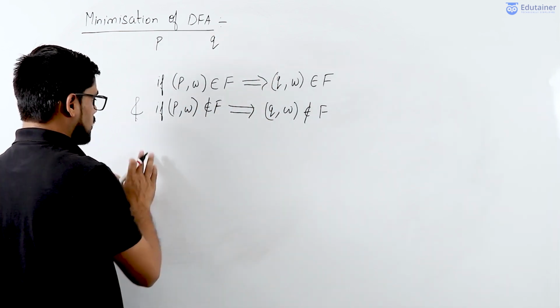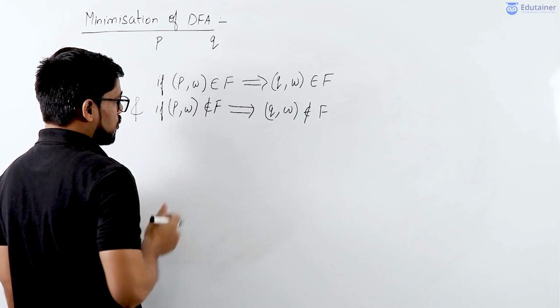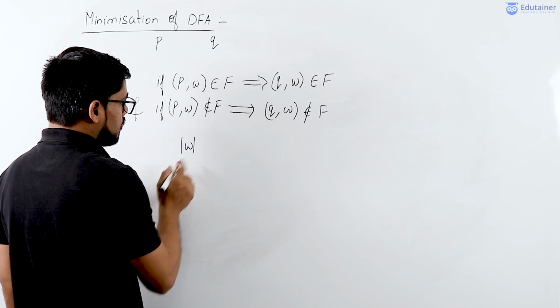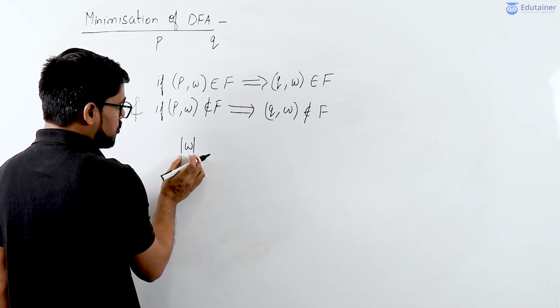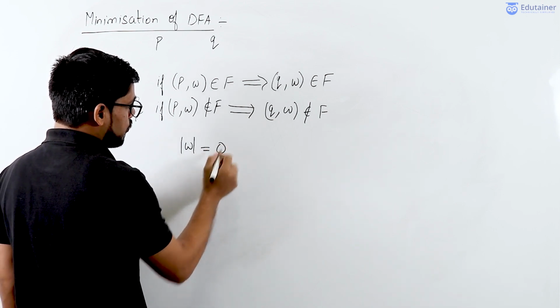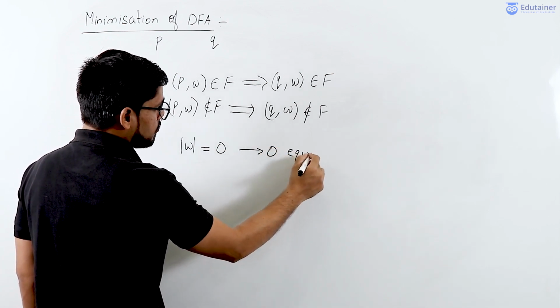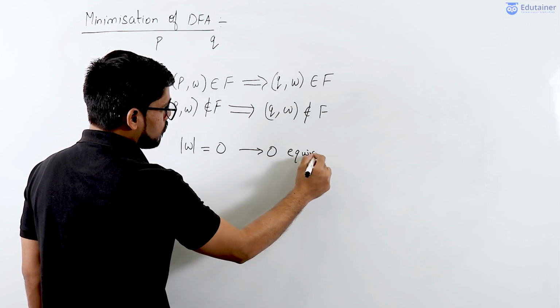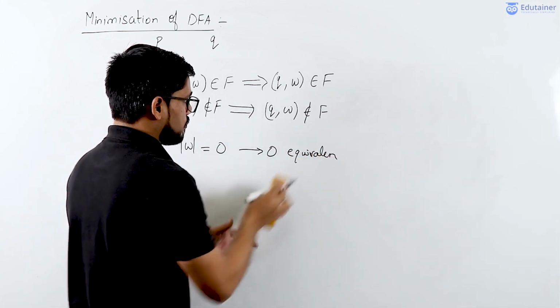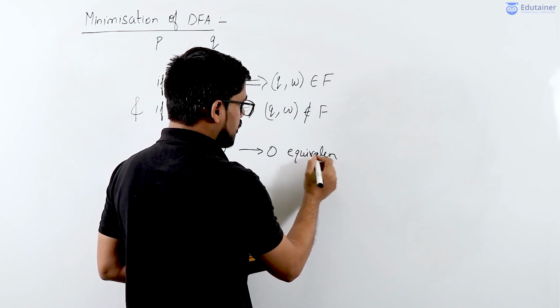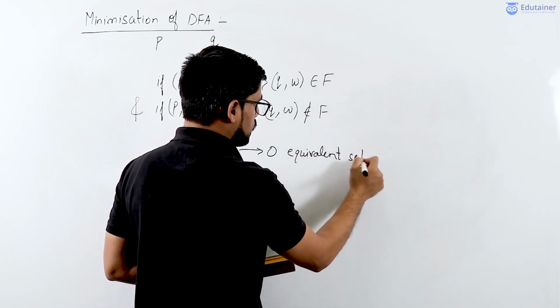Before discussing an example, some terminology is used. If the length of the input string W is 0, then it is called the zero equivalent set.